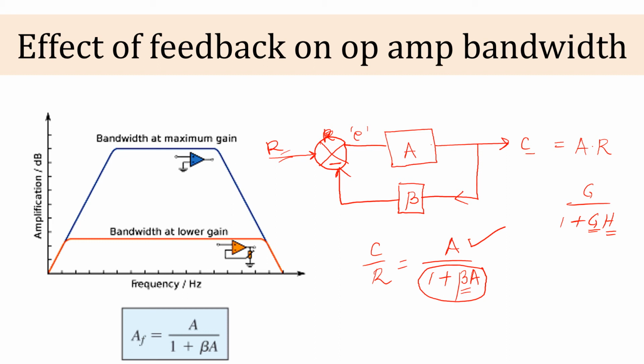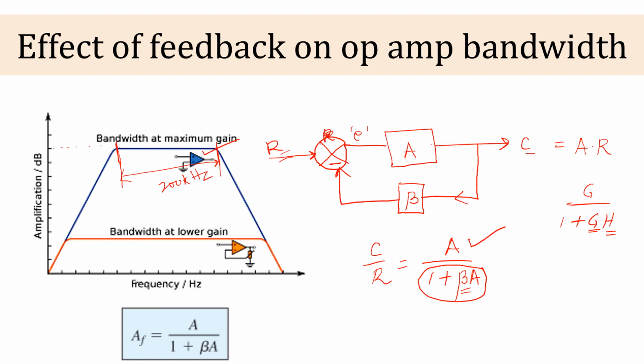So you can see in this diagram also, when the op-amp was in open loop configuration, the gain was very high, okay, but the bandwidth was smaller. Let's say the bandwidth is to the tune of 200 kilohertz, just for example.